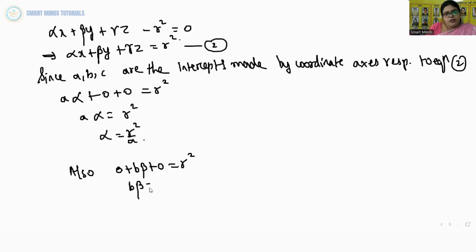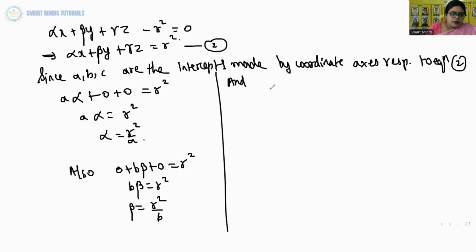So we get B beta is r square and so beta is r square by B. And again, the same way we are substituting C. So 0 plus C gamma equals r square. So we get gamma equals r square by C.